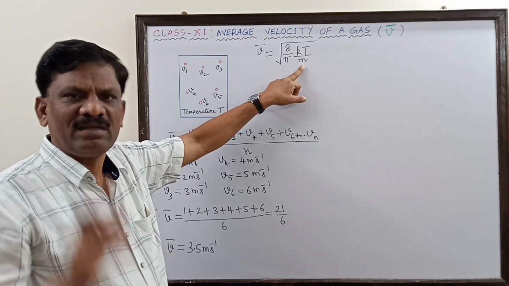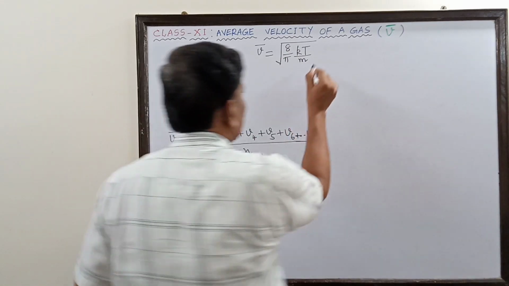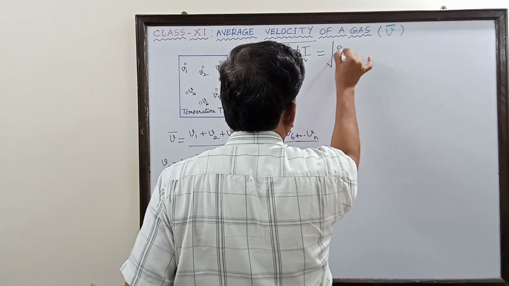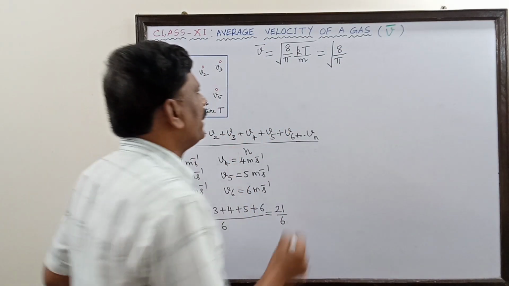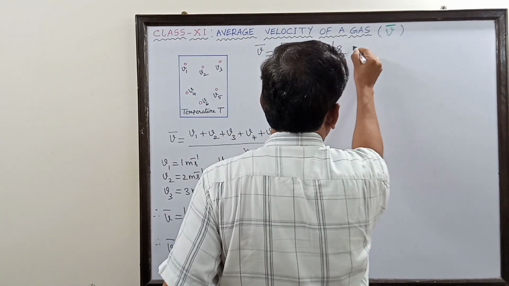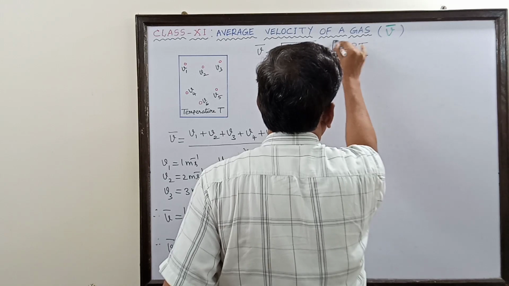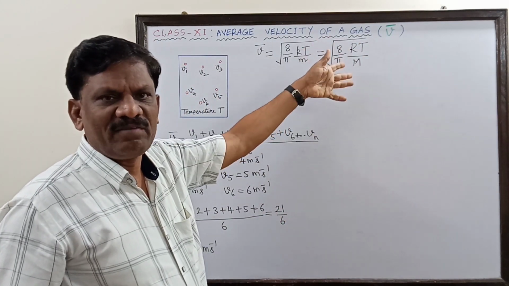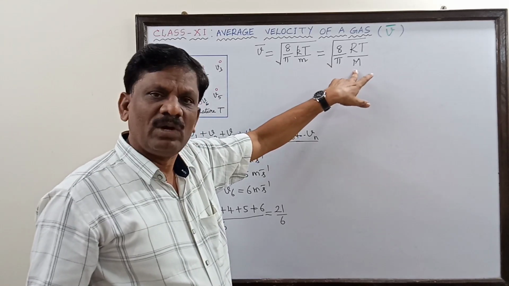Suppose you take 1 mole, then this can be written as square root of 8 by pi. Keep it in mind, 8 by pi. Then kT by small m is replaced by RT divided by capital M, where capital M is the mass of 1 mole of a gas. Small m is molecular mass, capital M is molar mass.